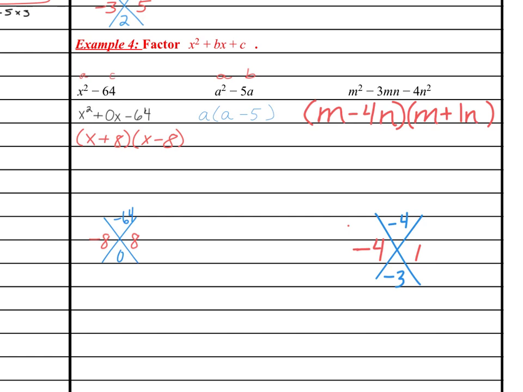Because the first terms have to multiply to get m squared, the last terms, these two, have to multiply to get negative 4n squared. You can check your work. m squared plus 1mn minus 4mn minus 4n squared. So it would combine to get this. When in doubt, multiply it out, see if it works to check your work.